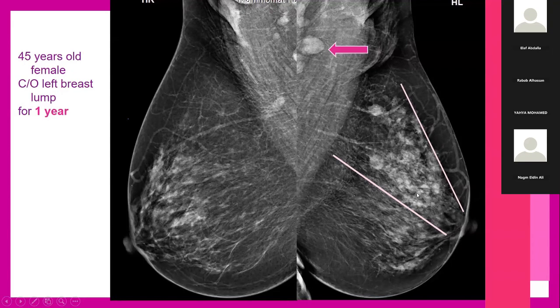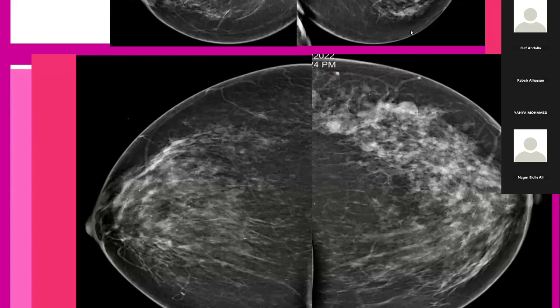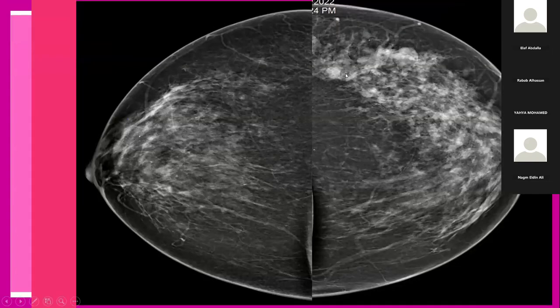Within this asymmetry, there are multiple nodular densities and small masses, associated also with pleomorphic faint calcifications, and the ipsilateral axillary lymph node demonstrates asymmetric cortical thickening. So these are suspicious. And here are the corresponding findings on the lateral aspect of the left mammogram. The right one was unremarkable.